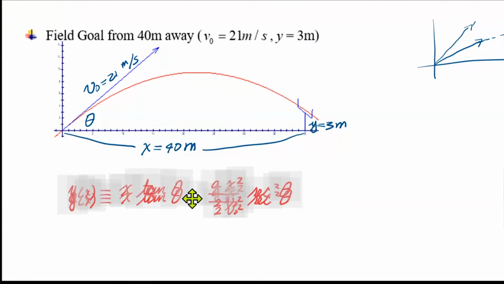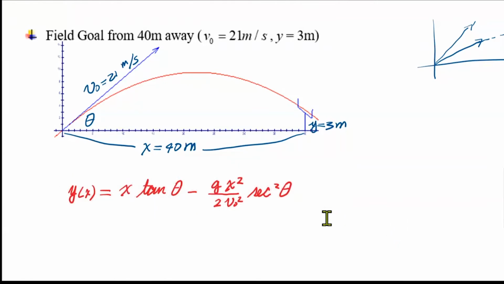Okay, we'll use this. Do you see that my y needs to be greater than 3? Because if it's exactly 3, it's going to hit the crossbar and it's no good. So this entire thing has to be greater than 3. Do you see that?